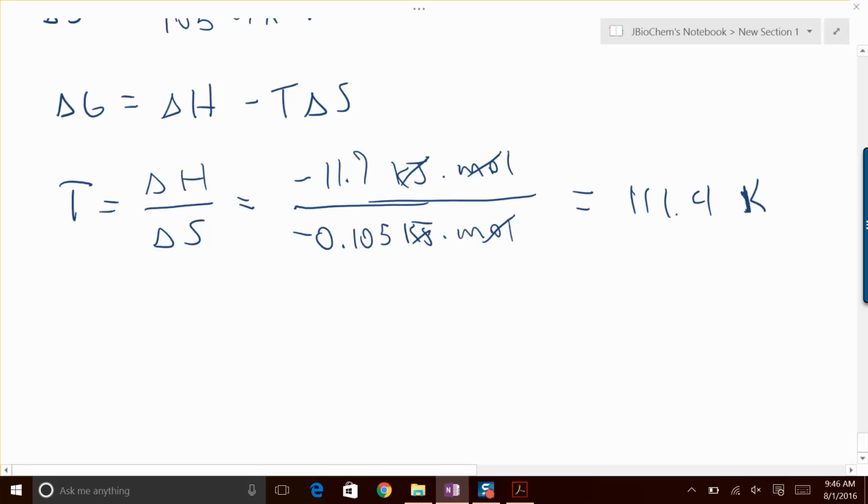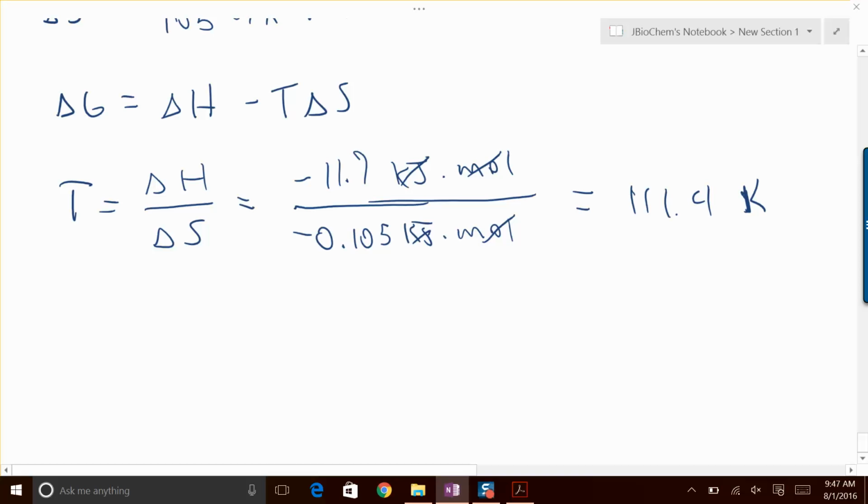At what temperatures will this become spontaneous? So do I have to increase or decrease the temperature here to make it spontaneous? Okay, so if I have, let's just say 112 Kelvin, that's going to cause this term to become greater, right?